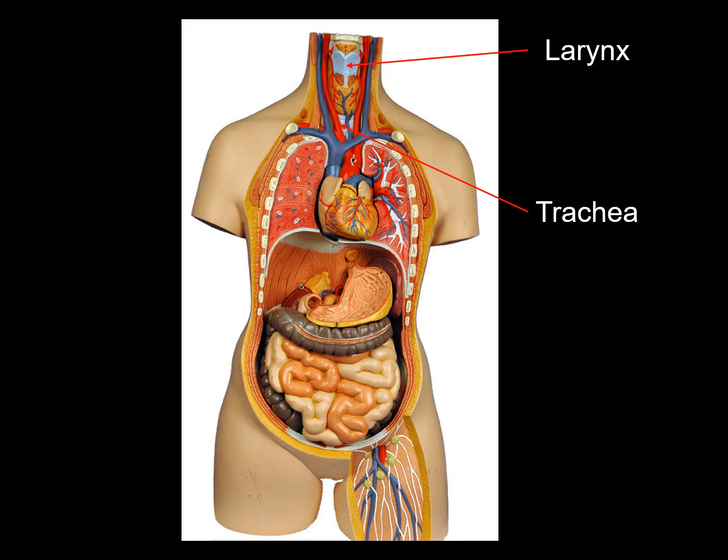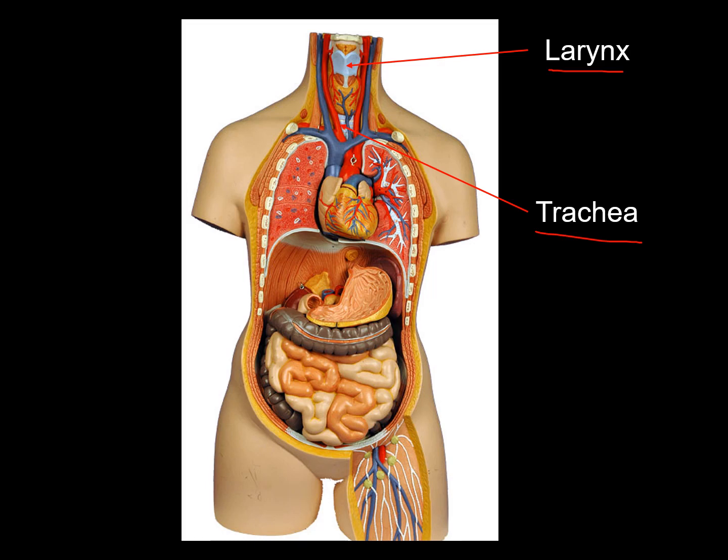So this is our torso model, just showing parts of the respiratory system. We can see the larynx, we can see one of those cartilages, specifically the thyroid cartilage, continuing as the trachea. You can see those blue rings of the trachea, those cartilaginous rings.